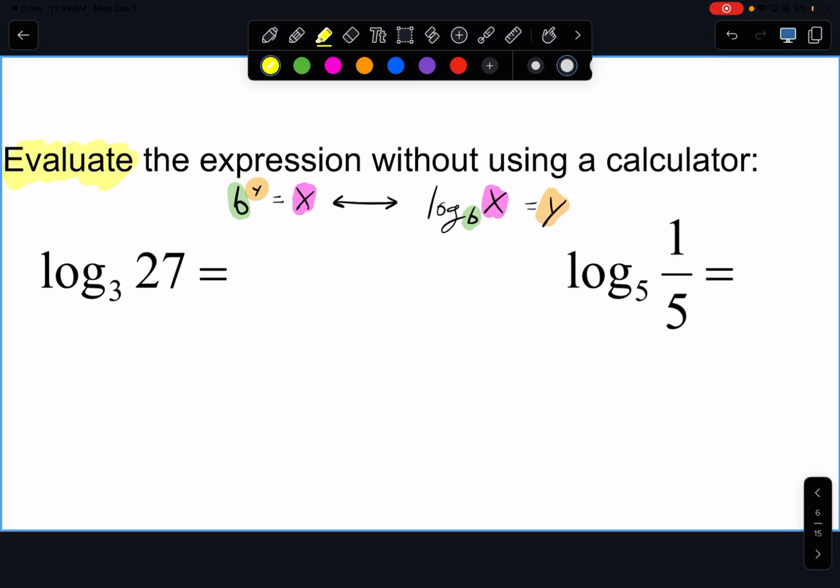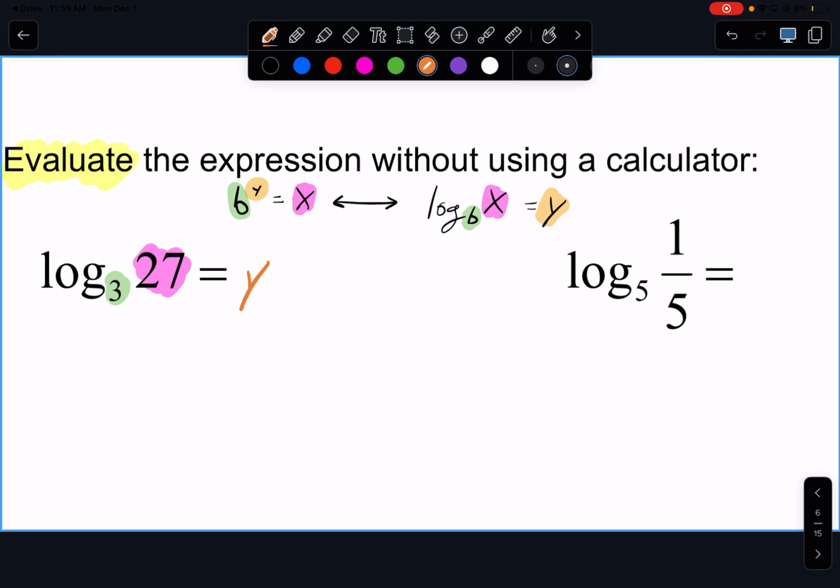So evaluate means figure out what it equals, and we're not going to use our calculator. So what we have to do here is finish this thing out. We have our base, we have our x. What are we missing? The y, right? So we're just going to put y right here, and that's what we're trying to figure out: what is y equal to.